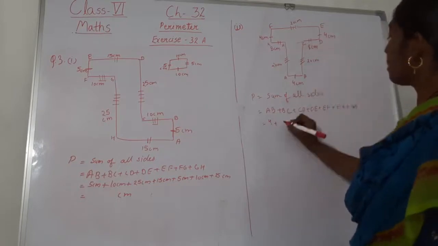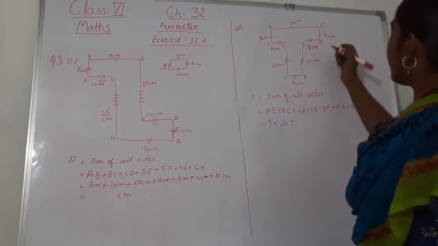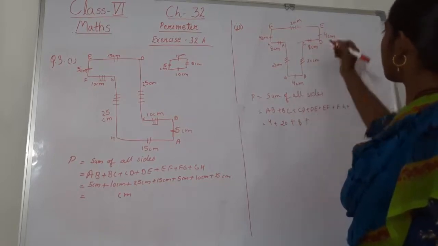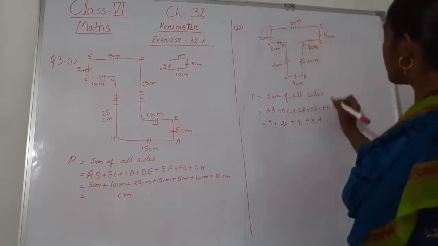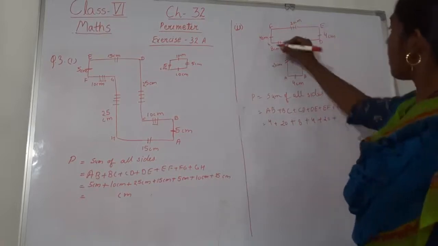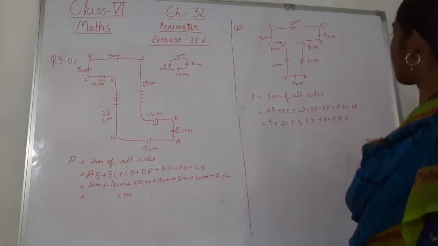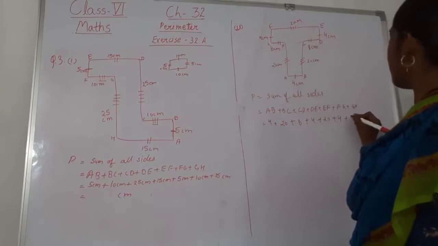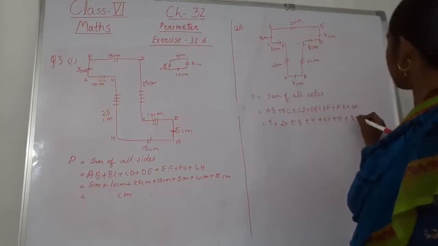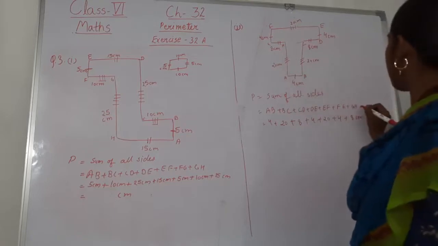BC 20 centimeter, CD 8 centimeter, DE 4 centimeter, EF 20 centimeter, FG 4 centimeter, and GH 8 centimeter, and HA 20 centimeter.